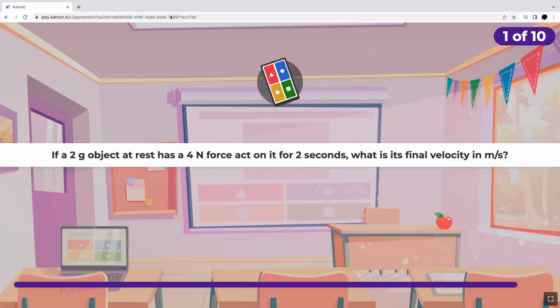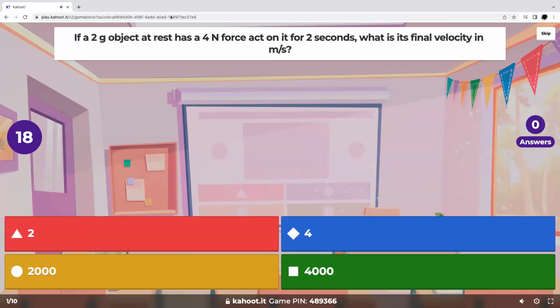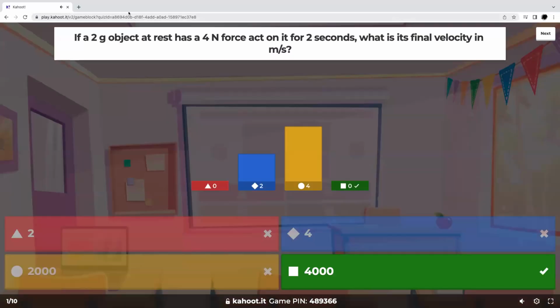Should be fairly straightforward. What type of formula are we using here? Oh, I put the wrong answer in the answer key. I'm so sorry.